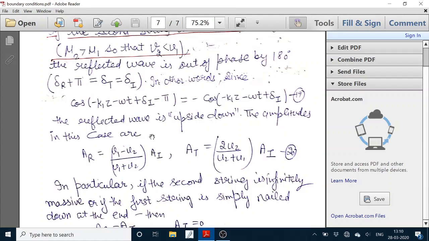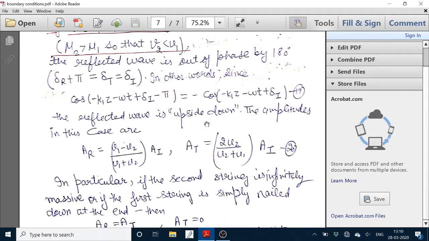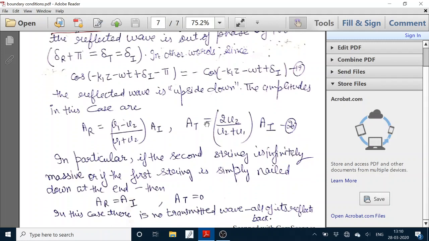We know that cos(minus k1z minus omega t plus delta i minus pi) equals minus cos(minus k1z minus omega t plus delta i). So the reflected wave is upside down, and the amplitudes in this case are ar equals (v1 minus v2) upon (v1 plus v2) ai, and at equals 2v2 upon (v2 plus v1) ai.